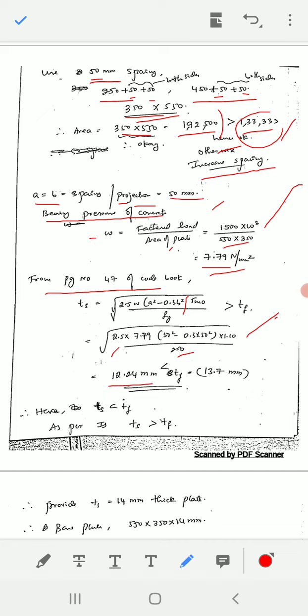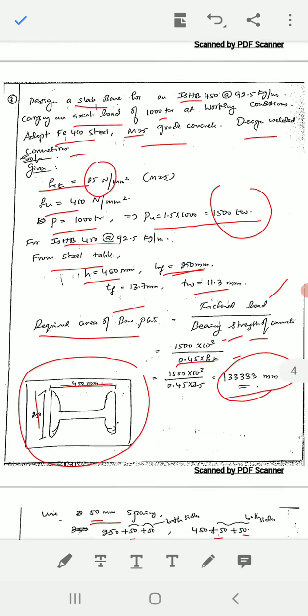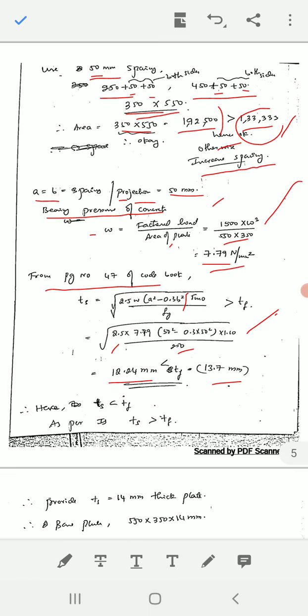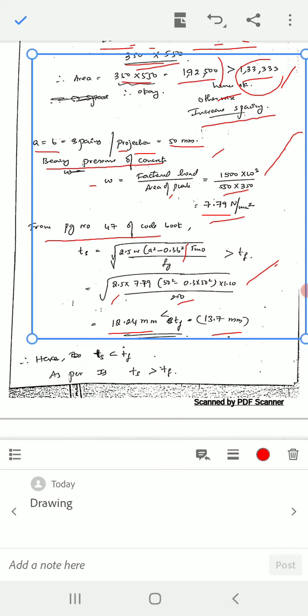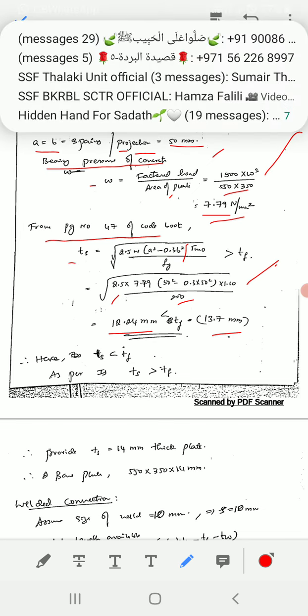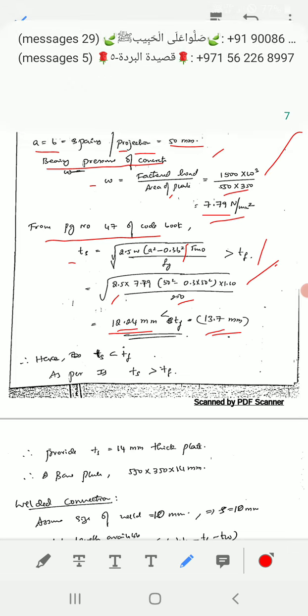We are getting 12.24, which is less than 13.7. What is 13.7? The tf value, right? Here tf is 13.7. The ts value should be more than tf, but here 13.7 is the tf value and we got 12.24, less than tf.